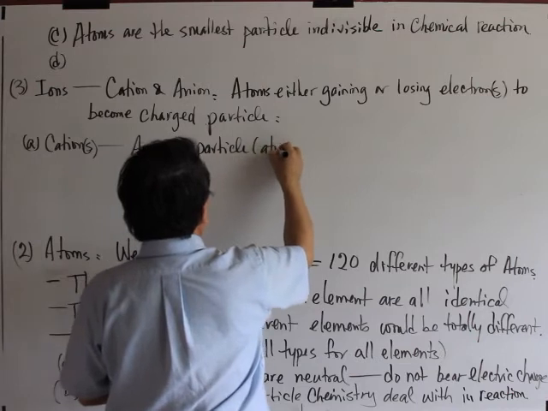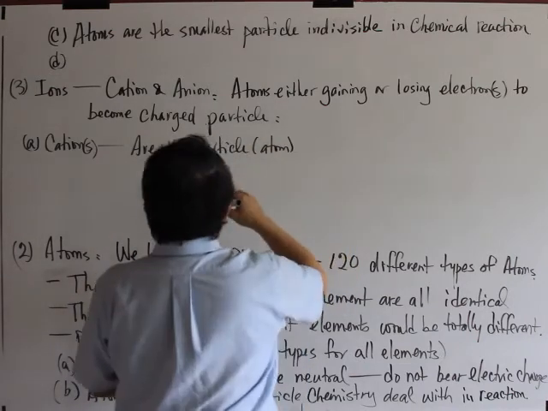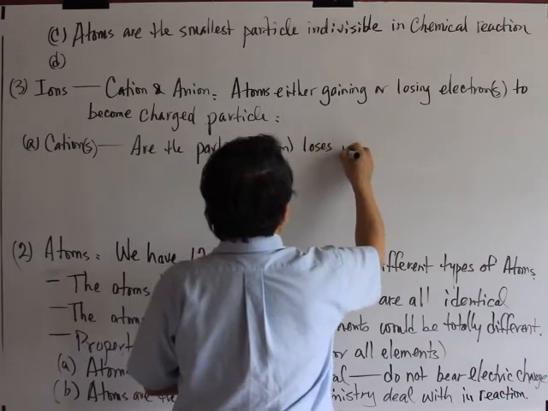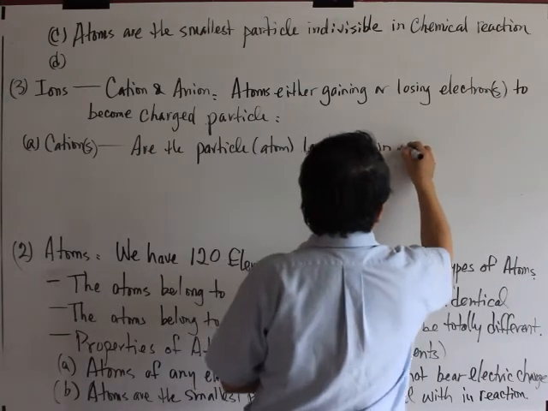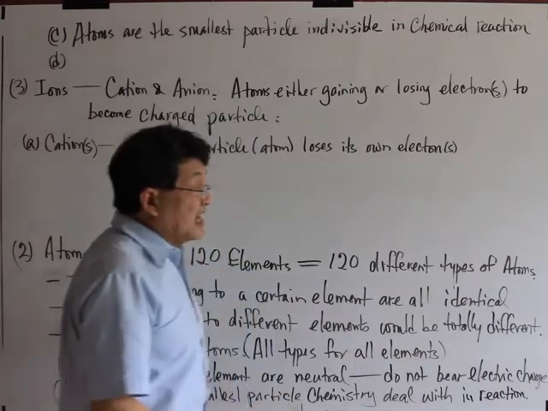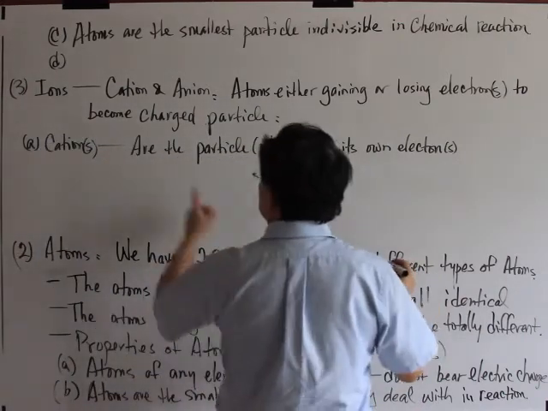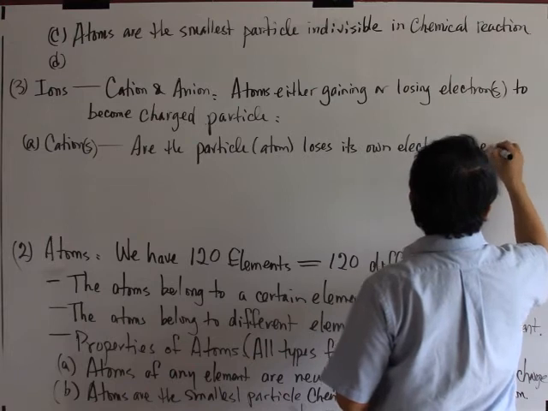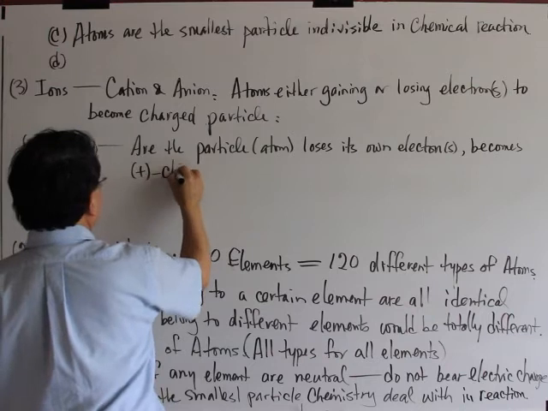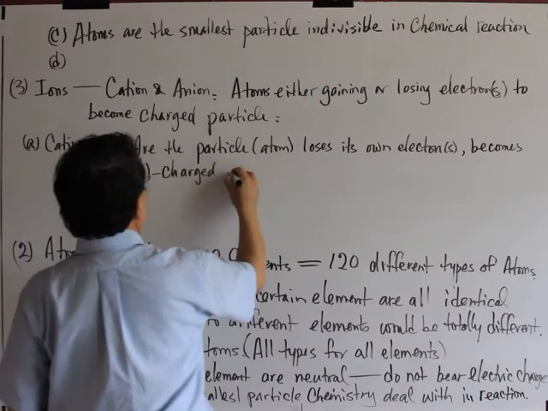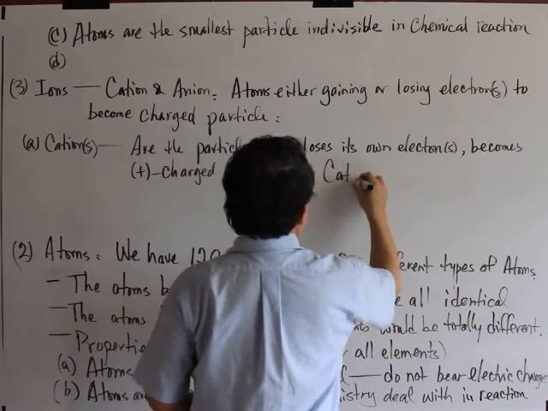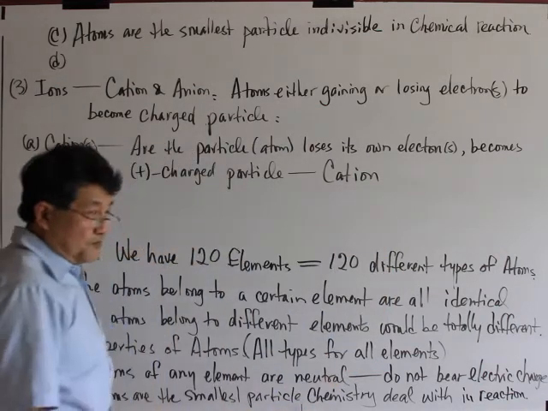This atom loses its own electron, which is the subatomic particle inside the atom, and becomes a positively charged particle. We call it a cation. Now that's exactly a cation.